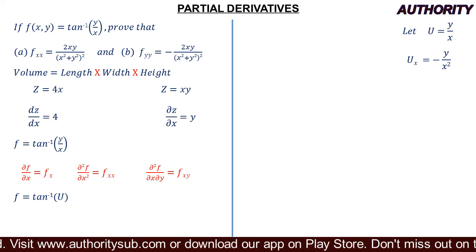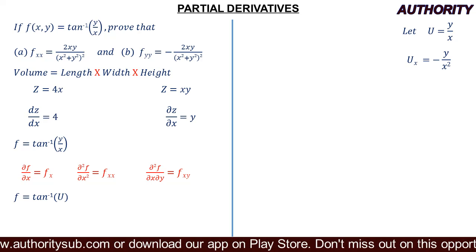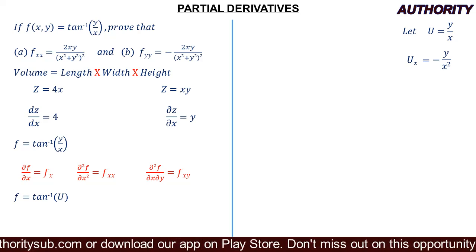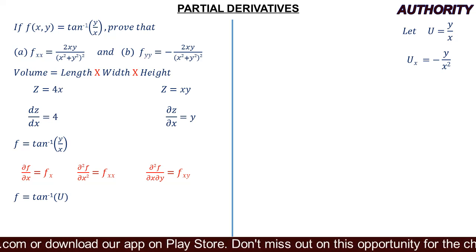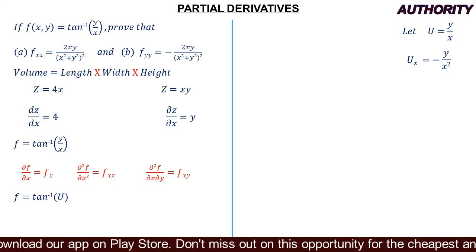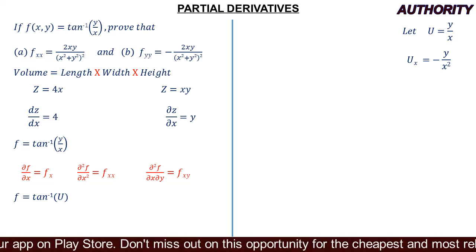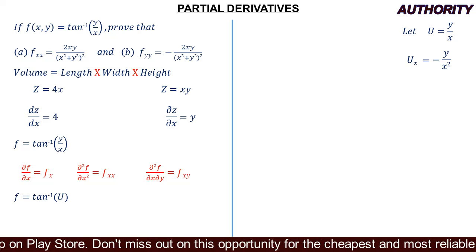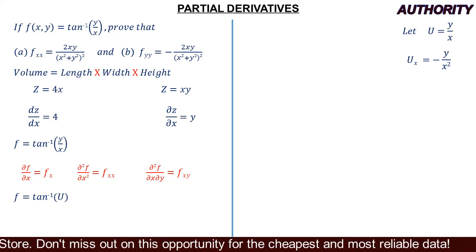Now let's continue. Here we say that we have f is equal to tan inverse of y all over x, right? And we just declared a variable u to be y all over x. So that is to say we now have a new function. F is equal to tan inverse of u, no longer y all over x, because we have declared a variable, right?